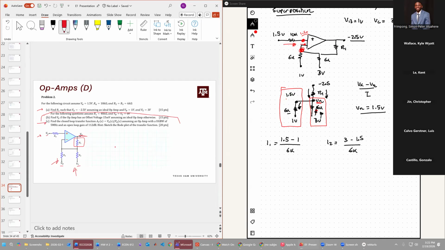Can anyone on their calculator really quickly tell me what I1 and I2 are going to be? Or if you can do quick mental math as well, I'll take that.